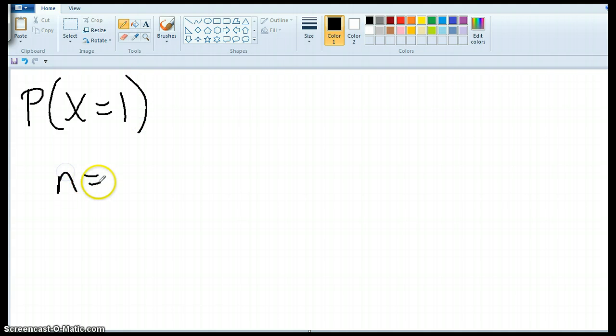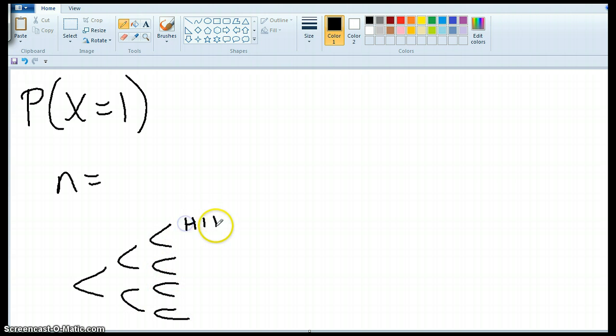What was the number of trials? We had heads, tails. How many coins were we tossing? There were 3 trials, and what was our probability of success?